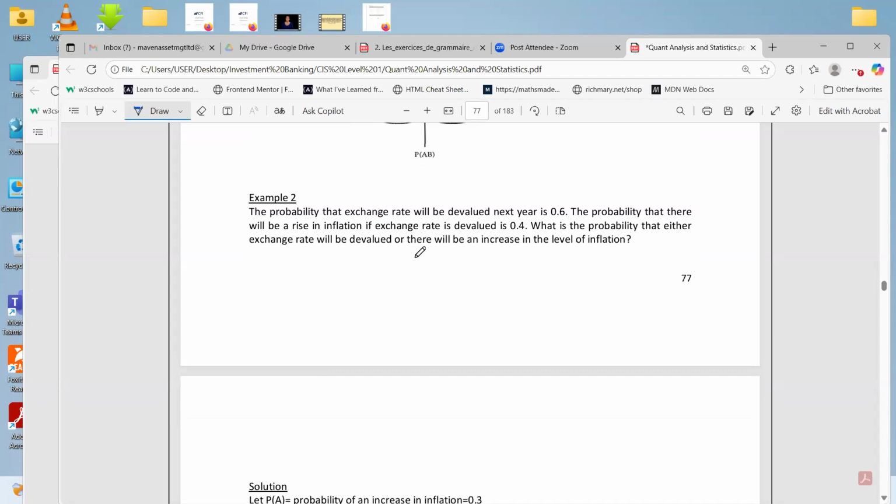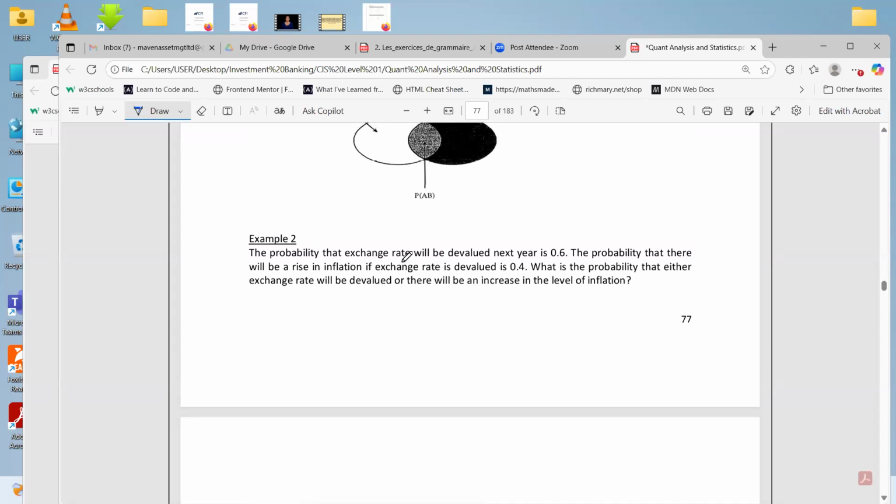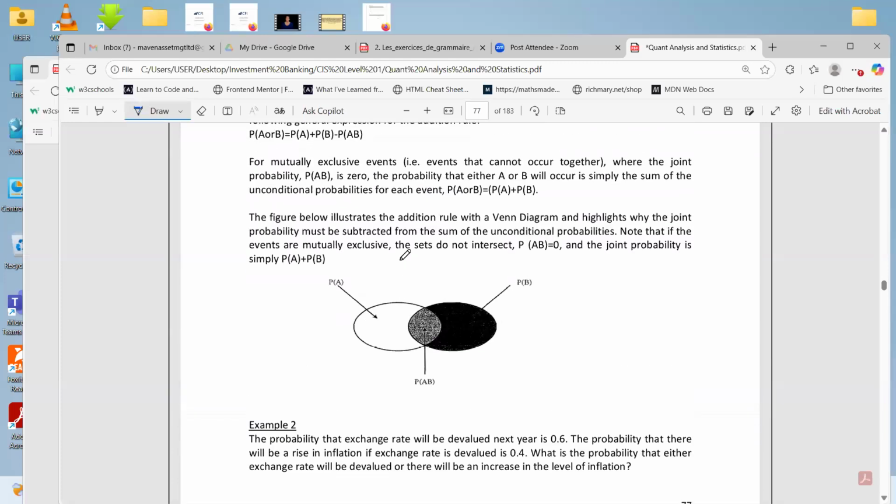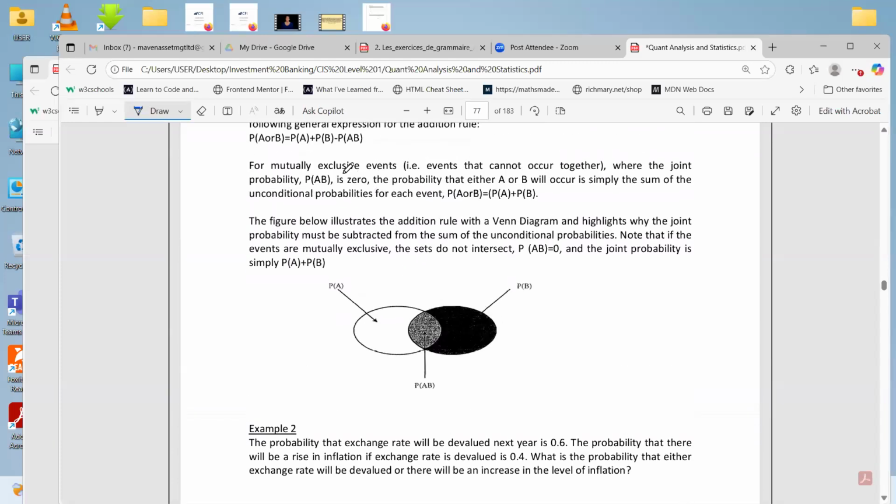Okay. So I think this will make me go back to something here. All right, so what is the probability that either exchange rate will be devalued or there will be an increase in the level of inflation? Based on what we have learned before, we can see some concepts here. The probability that exchange rate will be devalued next year is 0.6.